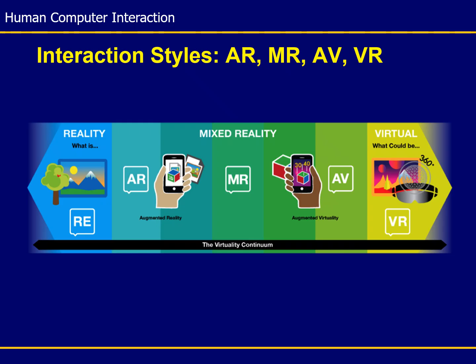In between the two, there is augmented reality, where you overlay information or 3D models on top of or in front of physical objects. And in the middle, you have mixed reality, where the virtual objects start reacting and interacting with the physical world in a meaningful way. And after that, towards the right, is augmented virtuality, where the virtual object is responding to changes in the physical environment, but it doesn't really understand the physical environment.